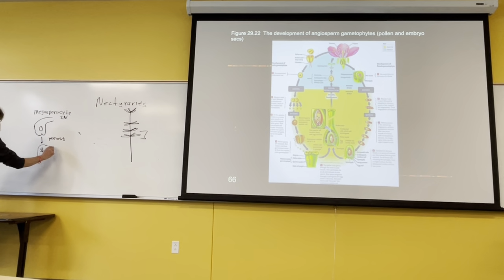So these are the megaspores. And 3 of them die. Only one survives. This will then divide.